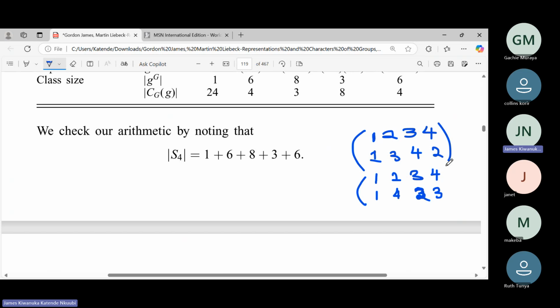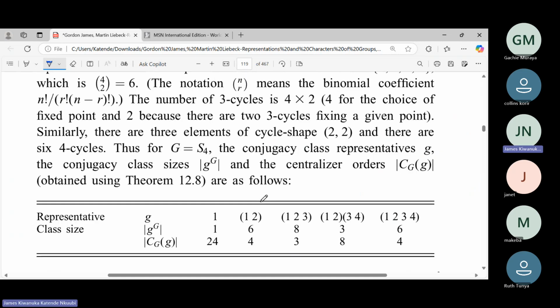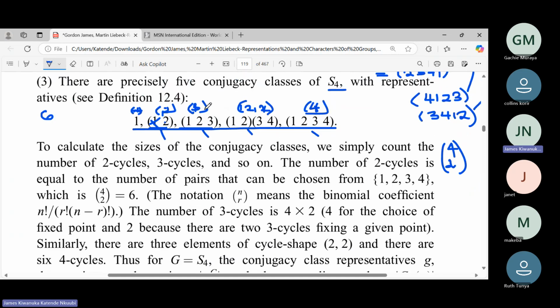I think that's the other 3 cycle. Yeah. So if I fix 1, I get 2 3 cycles. Now I have 4 different elements I can fix. So for each of those 4, I get 2 cycles, right? This gives me 8. That's the second one. So that covers the second cycle shape. All the 3 cycles, there are 8 in total.